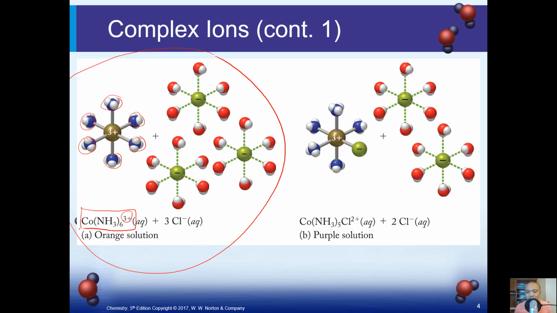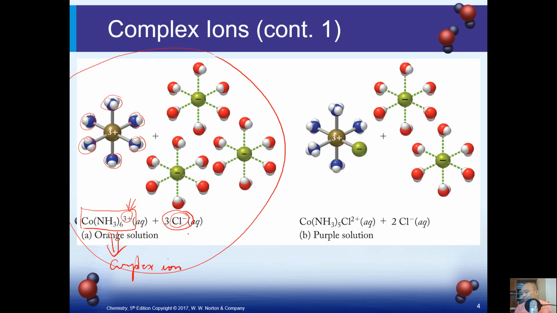And the charge must be balanced with the counterions, which are the chloride ions. That's the counterion. So the counterion balances the charges because you have a total 3+ charge, so you need 3 chloride ions to balance the 3+ charge.